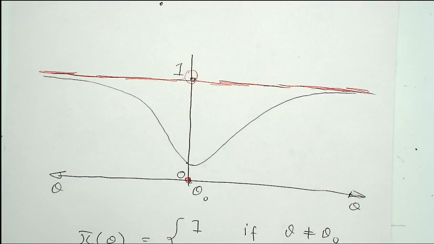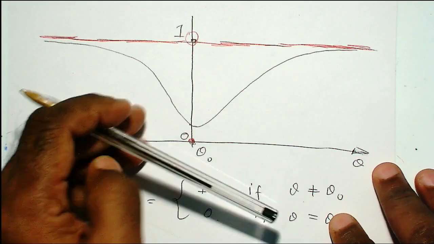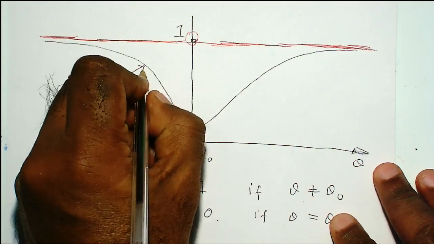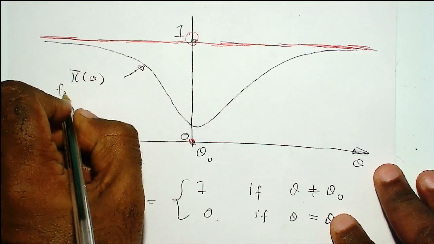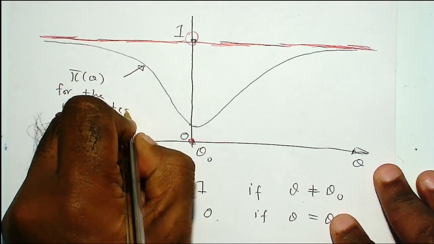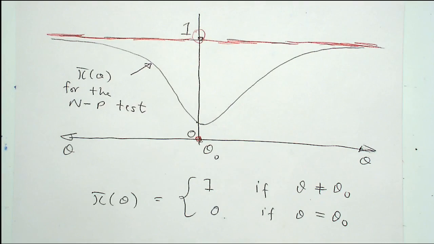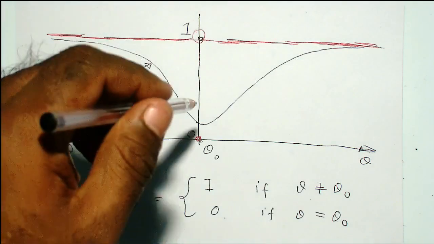So if this is the pi of theta for the NP test, you cannot have another power function that is closer to the ideal one than this one.